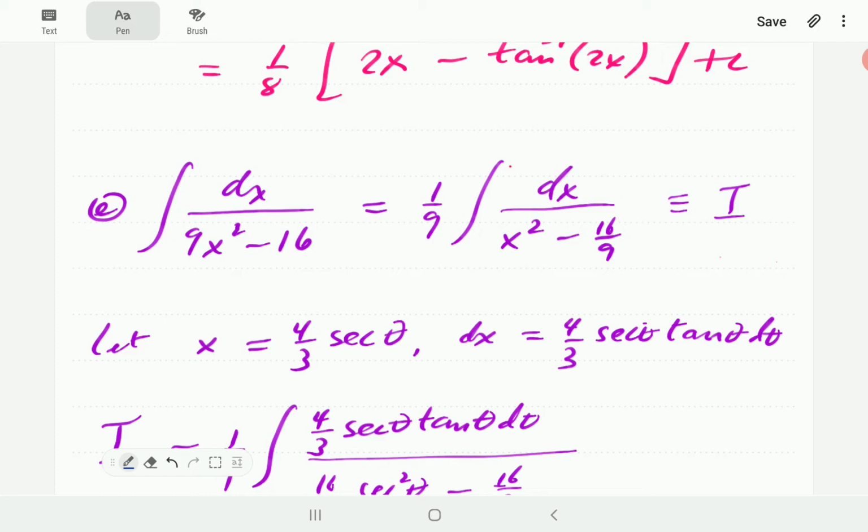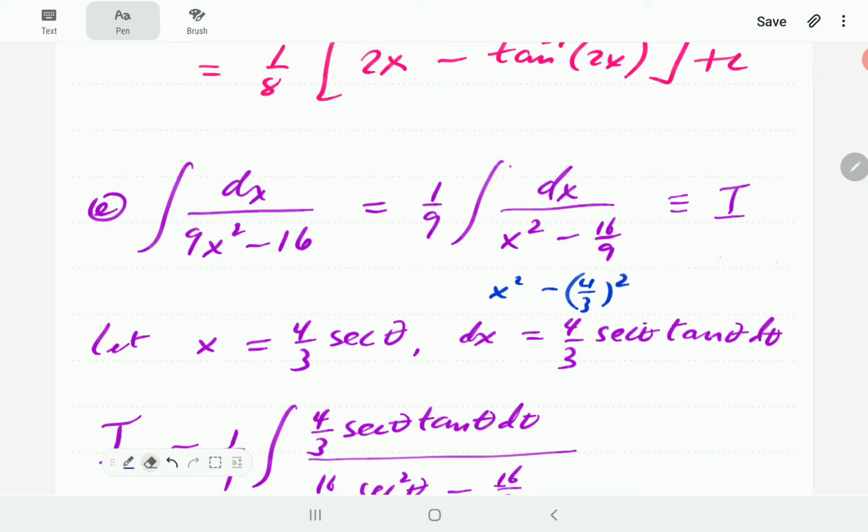Thank you. All right, so in E, again, we have the issue about the coefficient of the x squared not being unity. So this time we're going to factor out 9. Then the denominator is going to be x squared minus 16 over 9. So this is x squared minus 4 over 3 all squared.